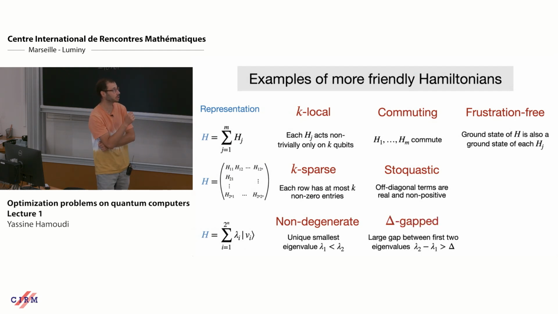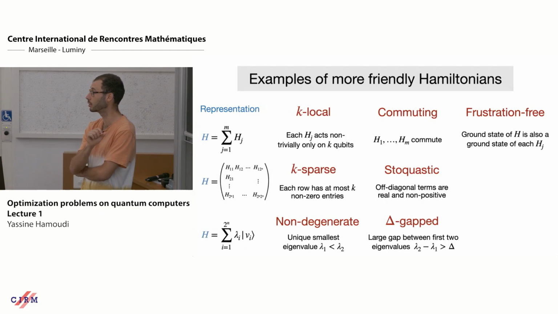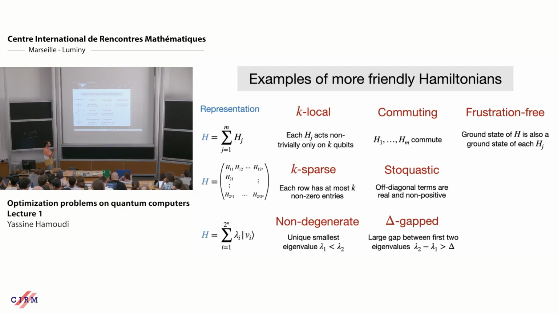And last assumption is something even stronger, which is that actually there is a large gap between the smallest and the second smallest eigenvalue. The gapped assumption is also extremely important, and we'll use it for the algorithm that we'll see in a moment.